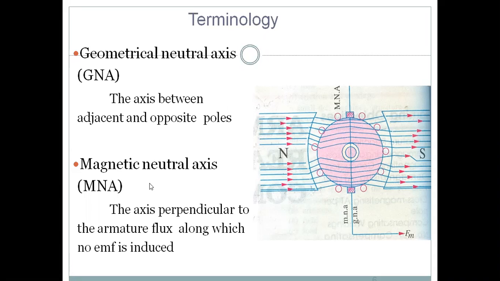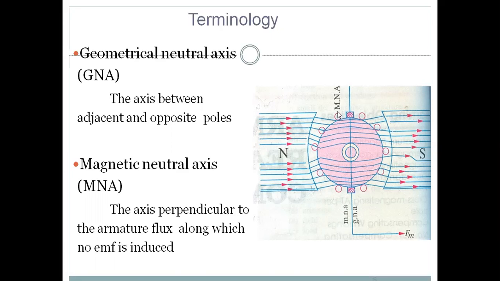The MNA axis is very important. Brushes are placed on the MNA axis, and the conductors on one side of the brushes have one direction of current, while the conductors on the other side of the brushes have the other direction of current.